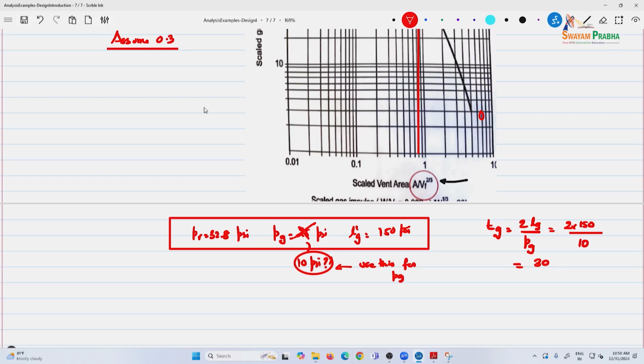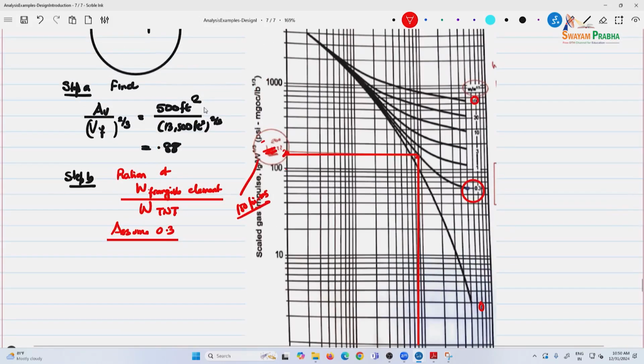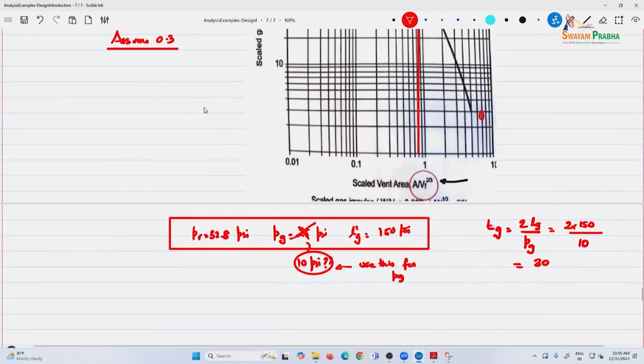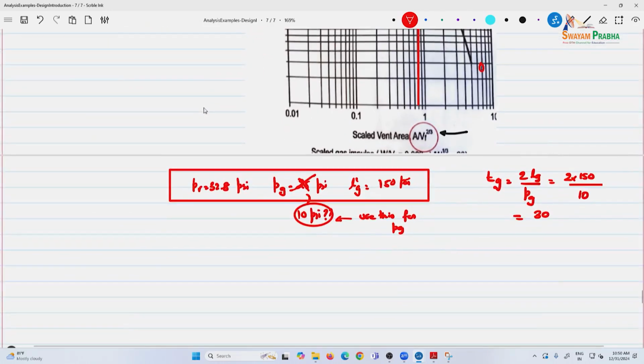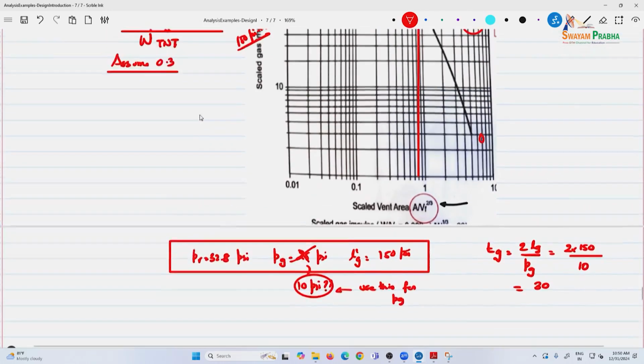Did we get the scaled impulse correct? No, 100. Yeah, it seems right. About 150 seems right. What's that?